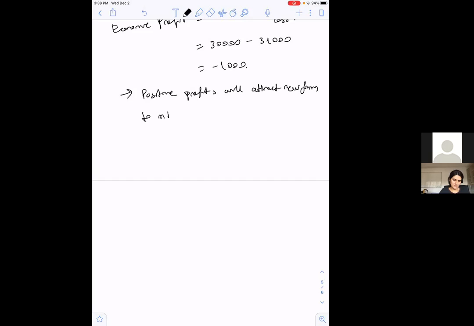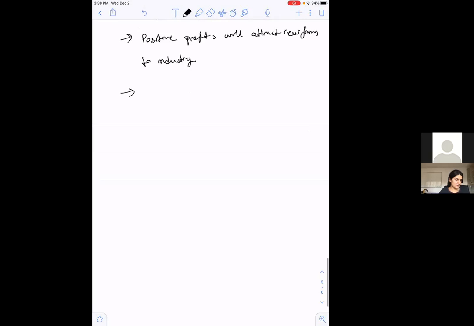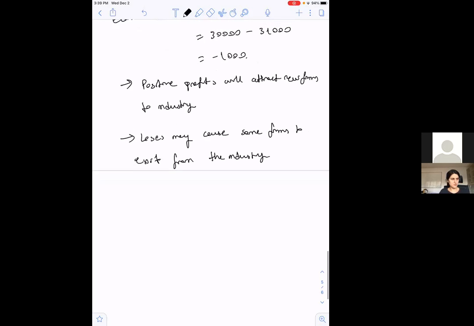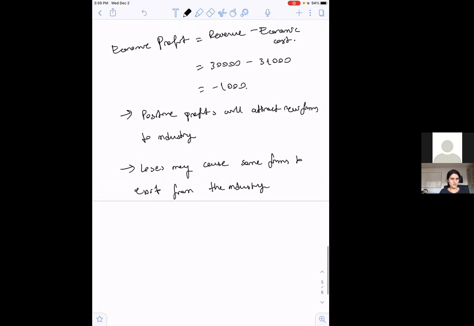We are going to see these in the next chapter more. And negative profits, or losses, may cause some firms to exit from the industry. We are going to see these more in the next chapter.